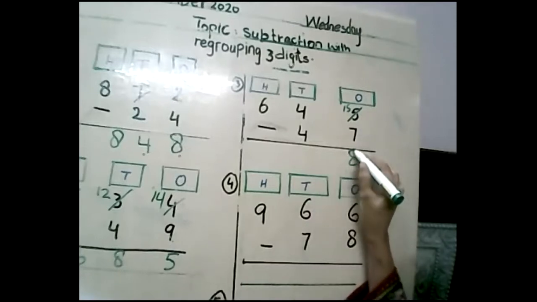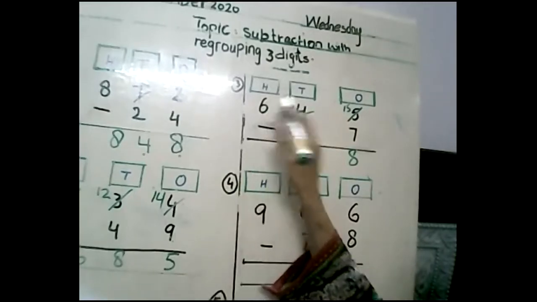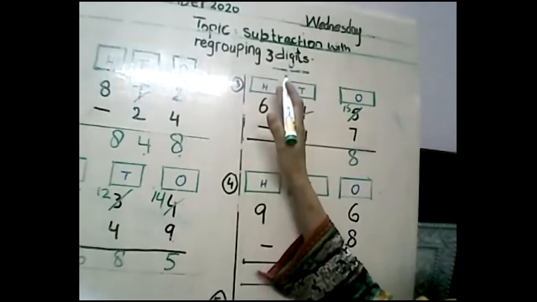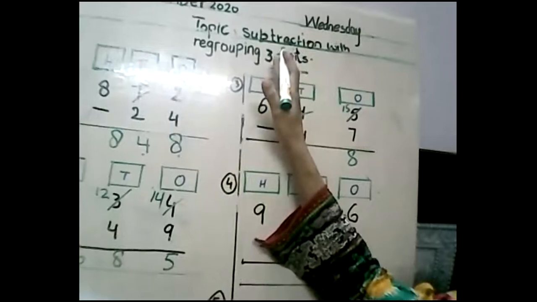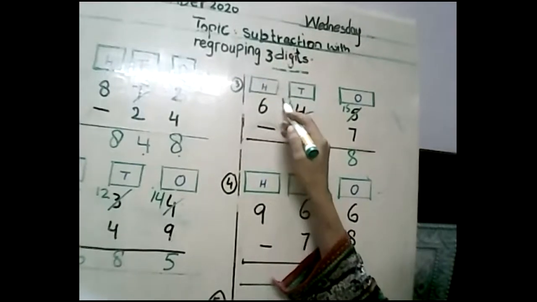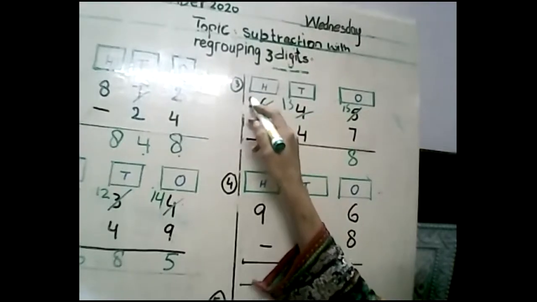8. Now it is not 4 anymore, it is 3. Can we subtract 4 from 3? No. We will go to the next door again. Which is the next door? 100. Right? So we will borrow from here. It will be 13 and it will not remain 6. It will be 5.